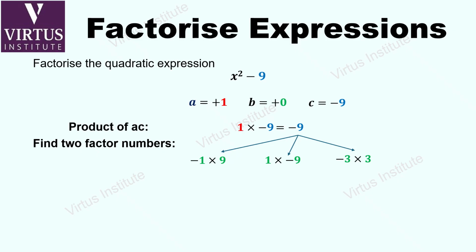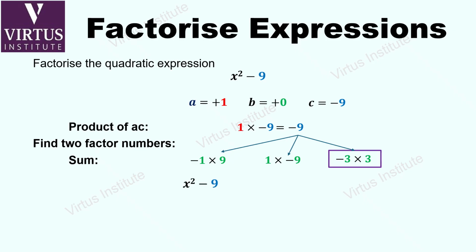The pair that adds to 0 is minus 3 and 3, because minus 3 plus 3 equals 0, and minus 3 multiplied by 3 equals minus 9.